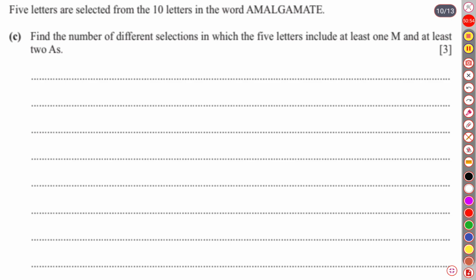There are 4 A's and 2 M's. Among these, they have told us there will be at least 2 A's, and 4 and 2 make 6, so there are 6 other letters.